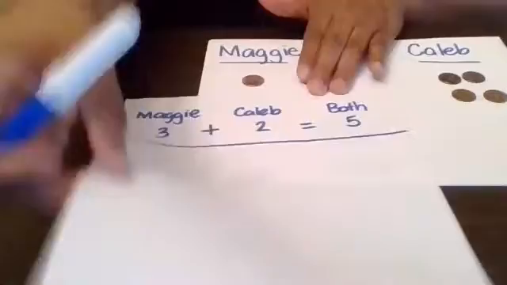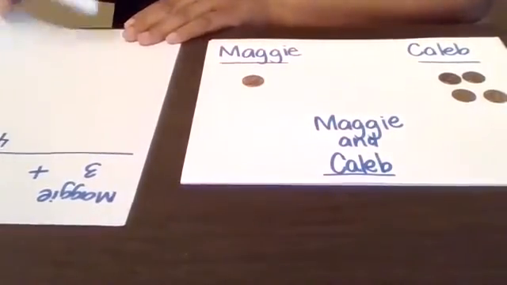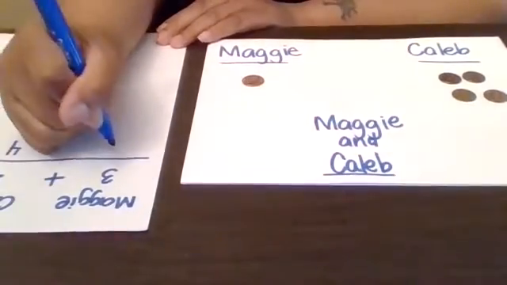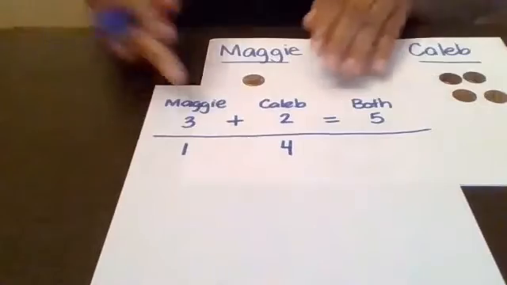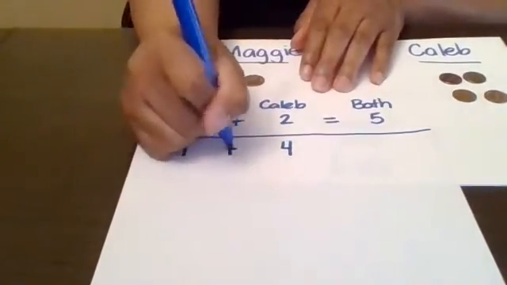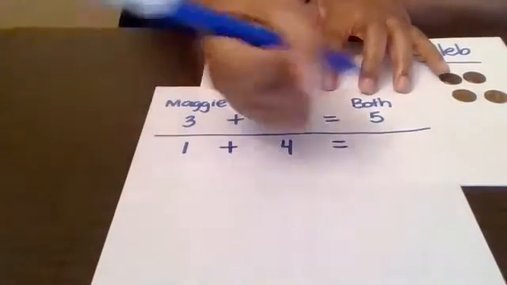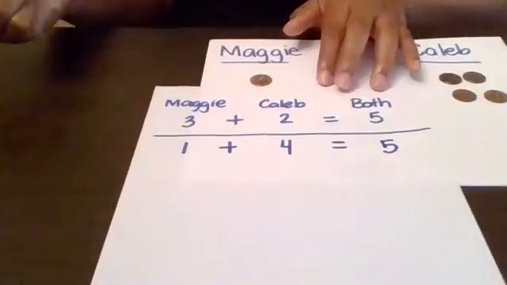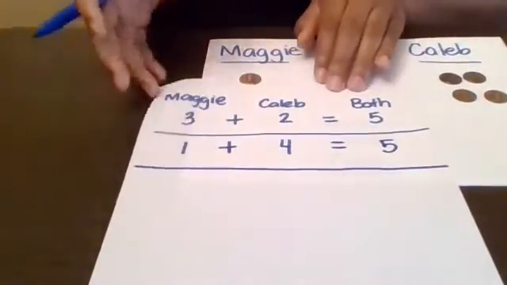Under Caleb's name, I'm going to put 4. How many does Maggie have? She only has 1. So I'm going to add my symbols. 1 and 4 makes 5. So 1 plus 4 equals 5. I wrote it upside down, actually. I want to draw a line.